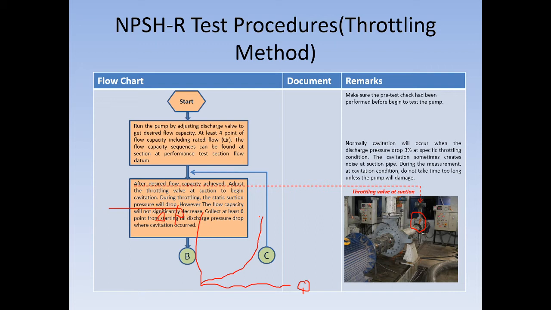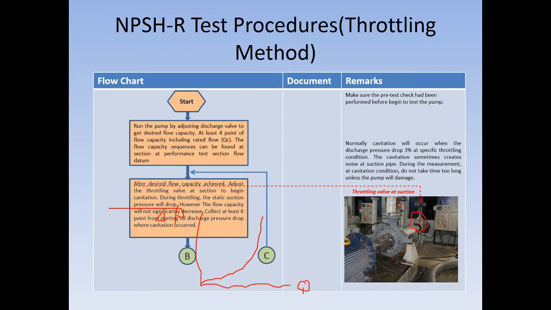You measure it, but slowly you close the suction valve. Of course the flow is almost the same all the time, because the pump tries to suck the water based on what it needs.